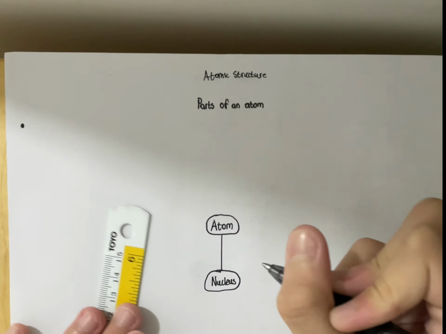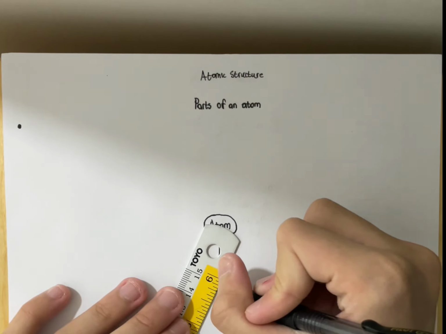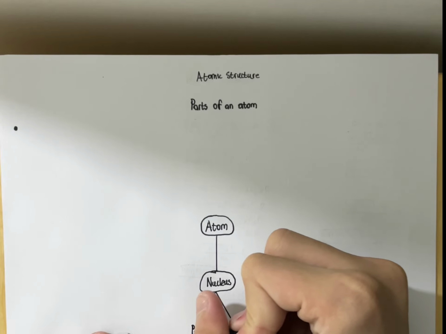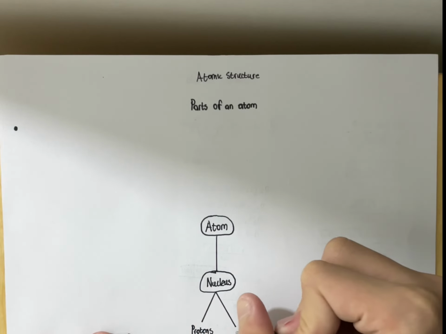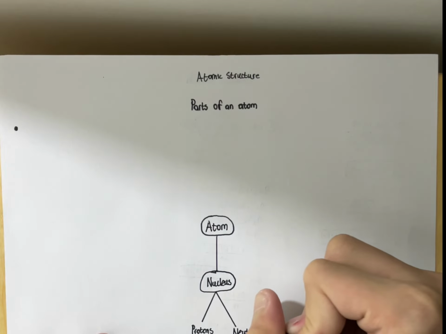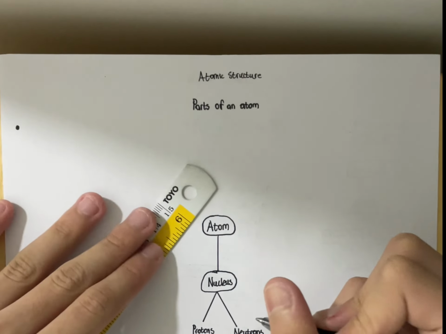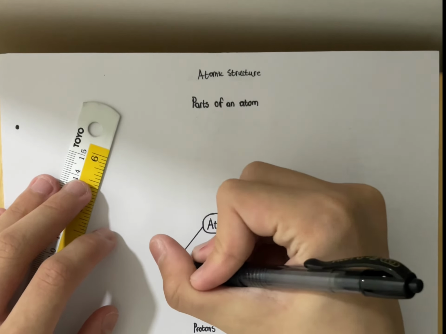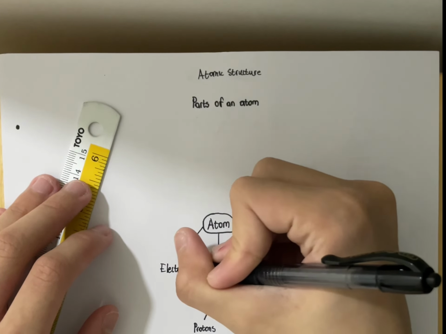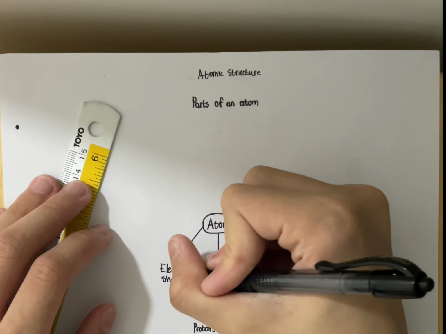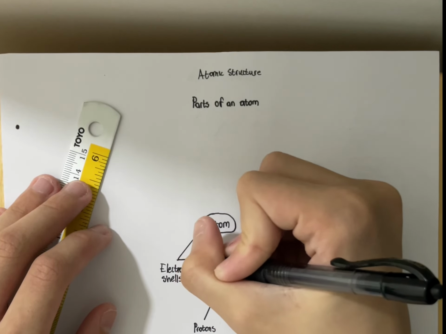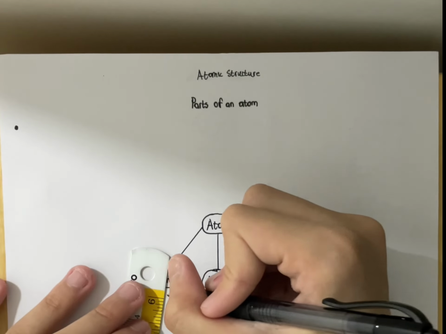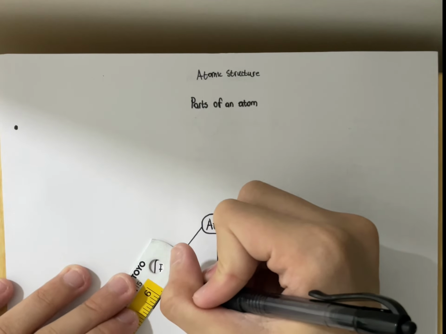And this nucleus consists of protons and neutrons. And then an atom also has electron shells, and these electron shells contain electrons.